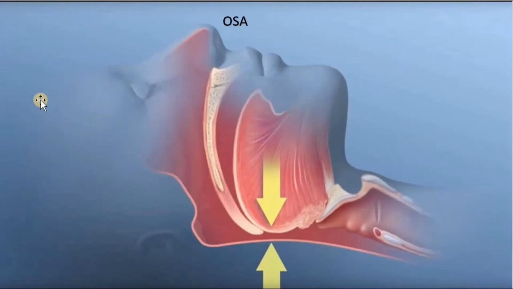And this is because when they sleep, the muscles relax and it will obstruct the airway. So the patient may experience pauses in breathing, and they may wake up, or they may pause in breathing and then they start breathing again. So for a patient with obstructive sleep apnea, CPAP is given. This pressurized air given through CPAP will keep the airway open.